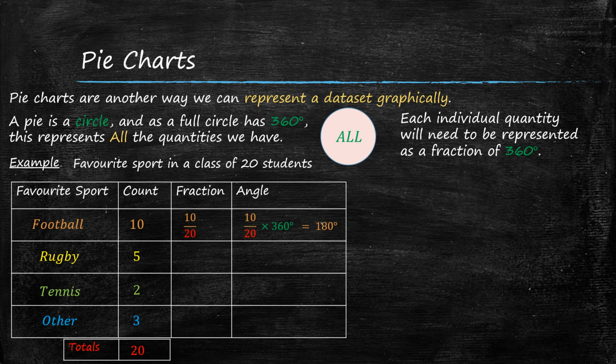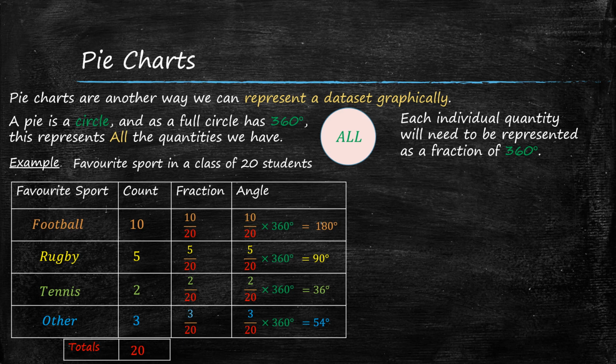Okay, what about rugby? Well, rugby represents 5 out of 20, so its angle or its slice of the pie will be 5 out of 20 times 360, which is equal to 90 degrees. Similarly, tennis will be 2 out of 20 times 360 degrees, which is 36 degrees. And other will be 3 out of 20 times 360 degrees, which rounds up to 54 degrees.